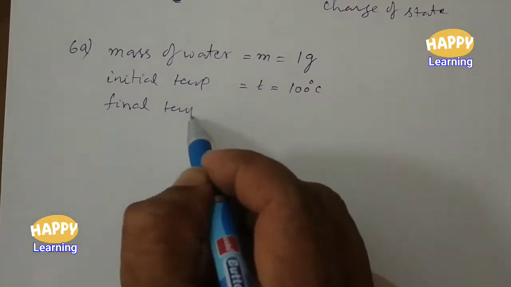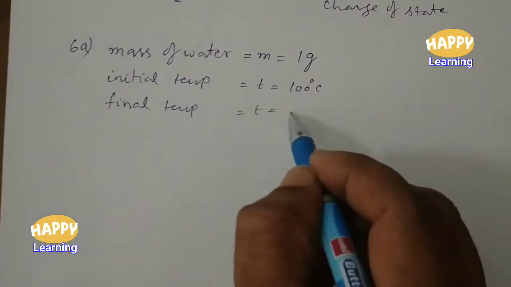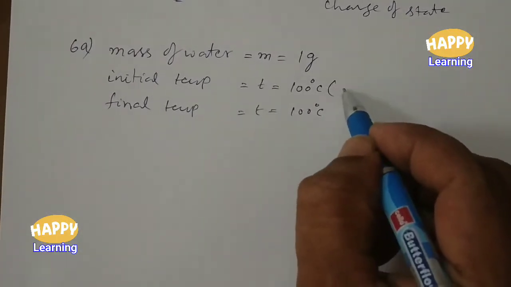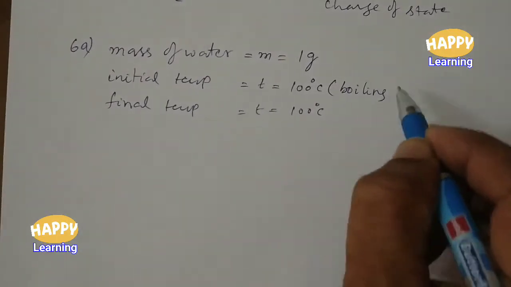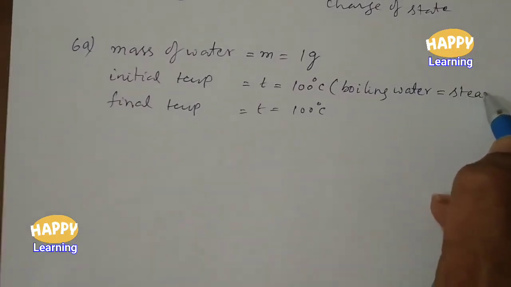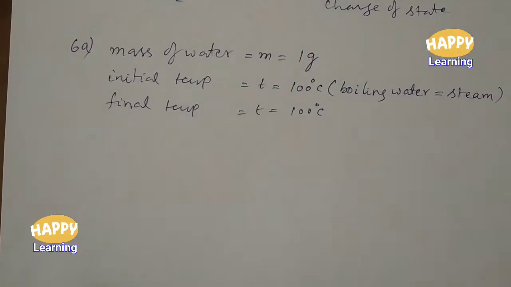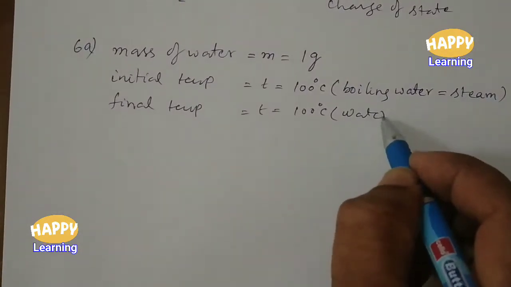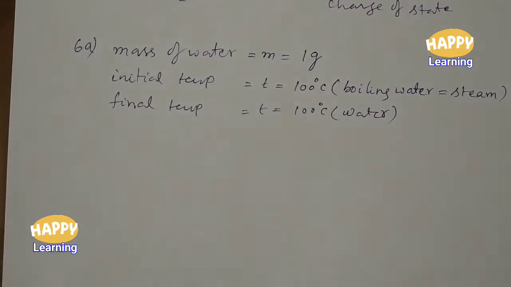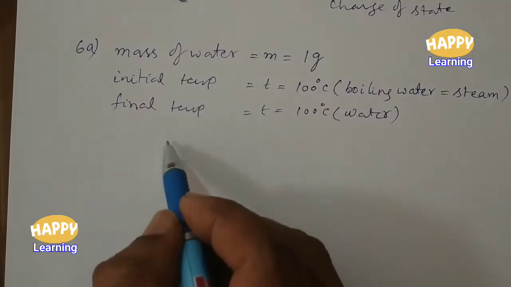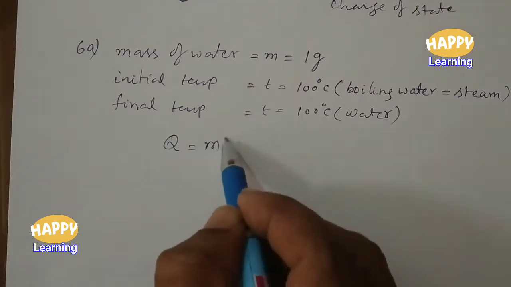Final temperature is again T equal to 100 degrees Celsius. Here it is boiling water, which in other words is the steam. Here it is water at 100 degrees Celsius. As the temperature is constant, we need to use the formula Q equal to m l.